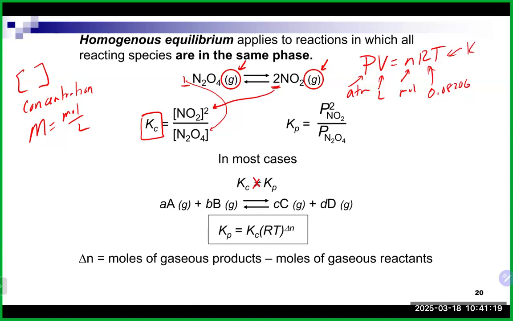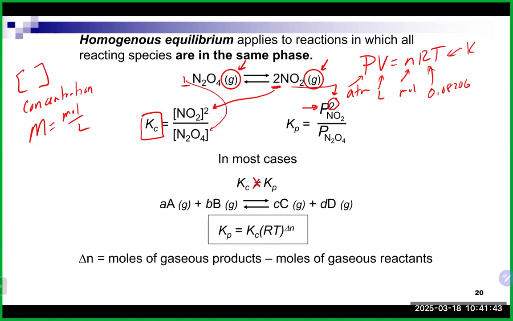So in this case, because they're all gases, we could also write what is referred to as the Kp expression, P meaning pressure, and it works the same way. We would take the partial pressure of our products here, still square it because of the coefficient, divided by the partial pressure of N2O4.